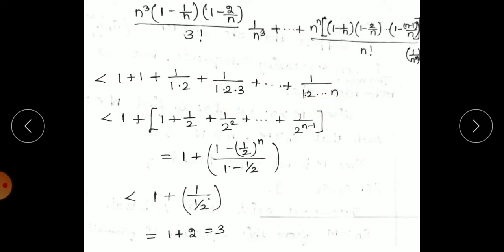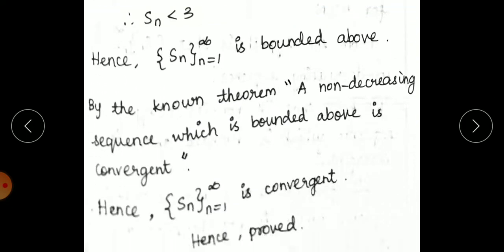So take 1 plus 1 outside, and the remaining terms can be written as 1 minus 1 by 2 the whole power n divided by 1 minus 1 by 2, and this can be written as 2 after simplifying. So 1 plus 2 equals 3. Therefore Sn is less than 3. So it is bounded above. So by the known theorem, a non-decreasing sequence which is bounded above is convergent. So Sn, n from 1 to infinity, is convergent.